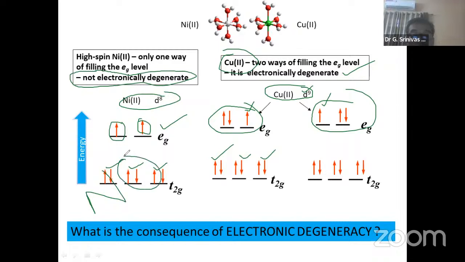But here, yes, there is a distortion because electronic degeneracy is present. If the electronic degeneracy is there, then the distortion occurs. If there is no electronic degeneracy, then no distortion occurs. This is the distortion.